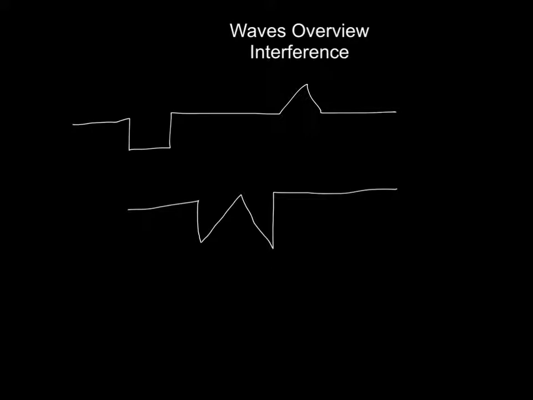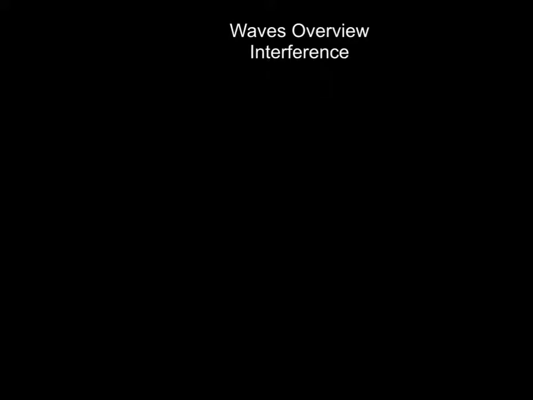But this is just for an individual pulse. So we also talked about the scenario of when we have two speakers. Remember, we had a speaker over here on the left and a speaker on the right, and we were trying to figure out our little concert goer over here, what they are experiencing and hearing. And it all depends on the distance between the speakers.